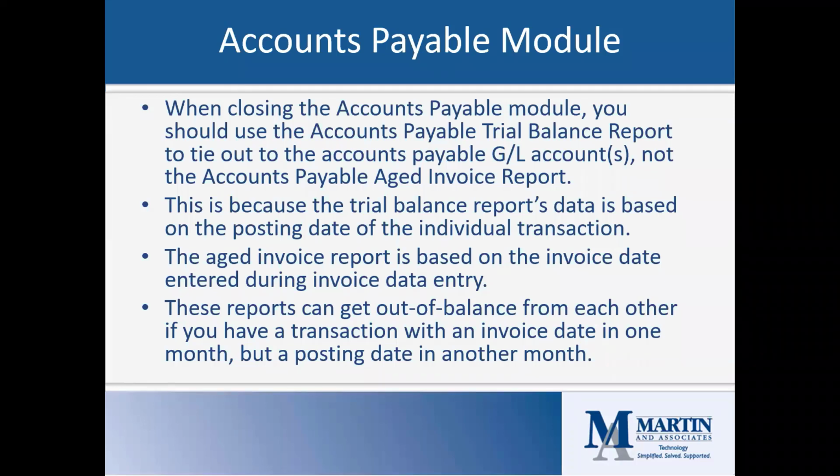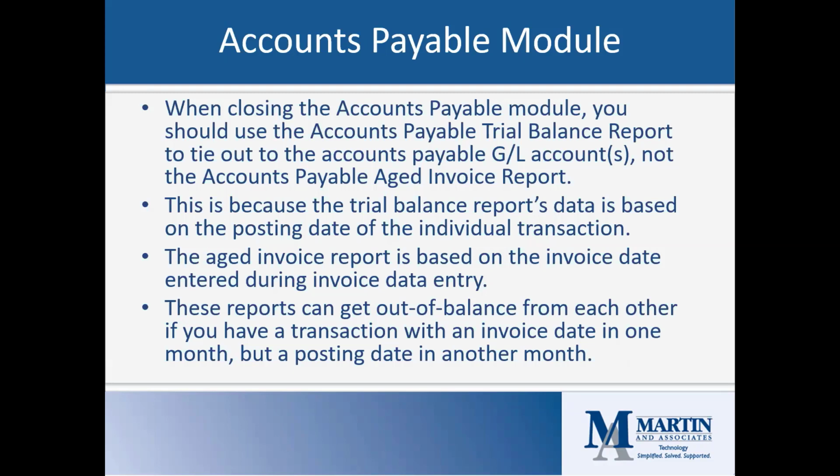Think about this for a minute. You're in AP invoice data entry. You roll in, you're already into the next period, for instance. So when we hit November 30th, a couple weeks ago here, the first week or 10 days or so of December, we're still getting invoices that have an invoice date of November from our vendors.